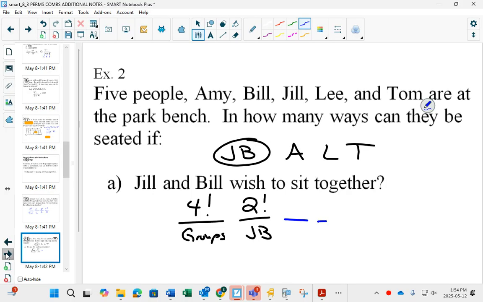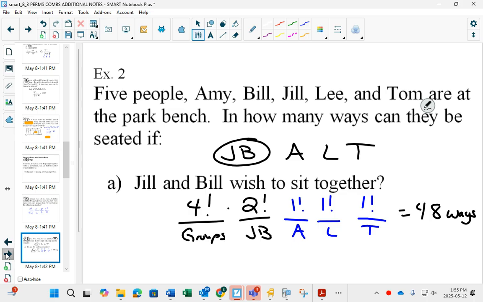Like, if you did spaces, it's 1 factorial, 1 factorial, 1 factorial for Amy, Lee, and Tom. You wouldn't have to write that down because it's just multiplying by 1 after the fact. The only thing that makes a difference is the 4 factorial, which is 24, times the 2 factorial, which is 2, and we get 48 ways.